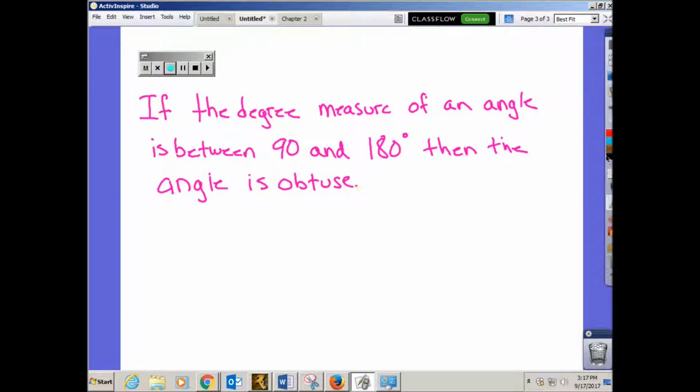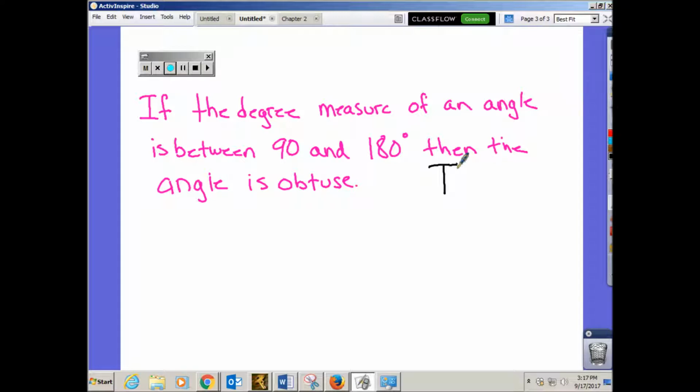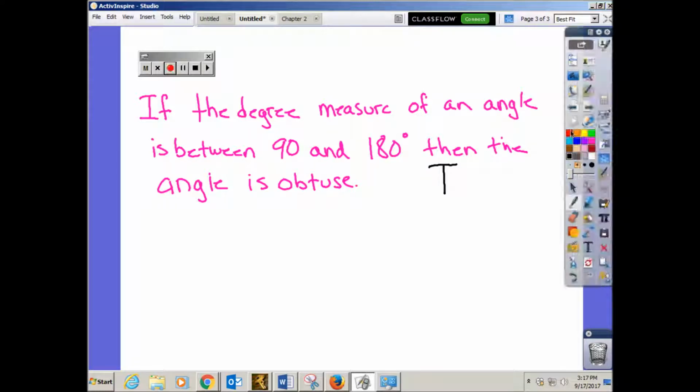And this actually has a truth value of true, because every angle that has a measure between 90 and 180 is going to be obtuse.